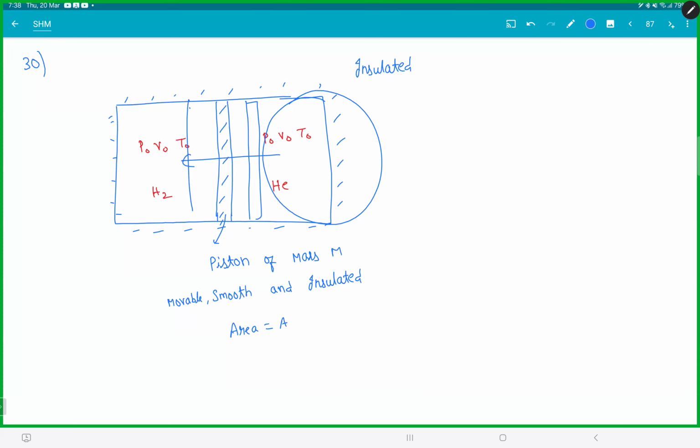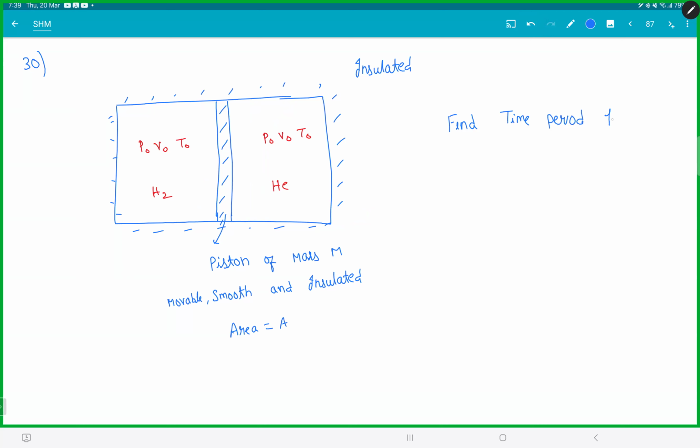If it goes to the left, then this side pressure will increase, and this will push to the right. So the piston will start oscillating. Find the time period for small oscillations. Thermodynamics and SHM, everyone.